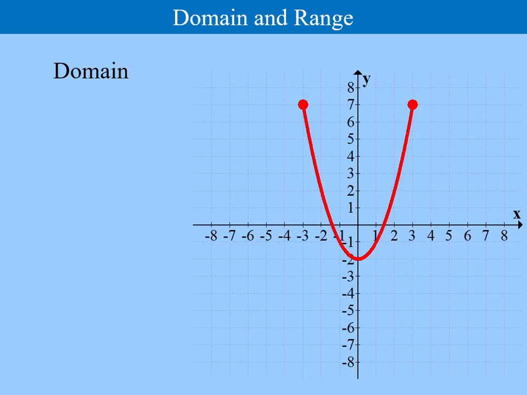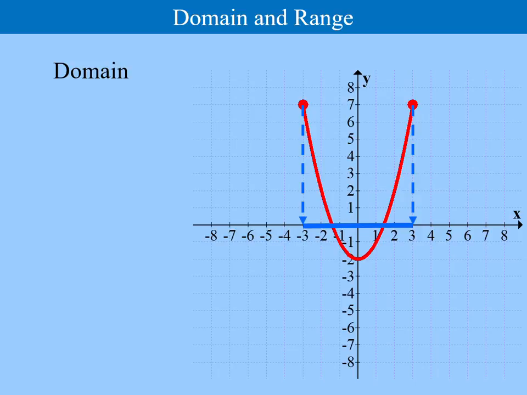Now the question is for us to identify from looking at a graph what is the domain and what is the range. The domain represents the x numbers. The range represents the y numbers. So we look at the graph and determine where are the x numbers where we see a graph. Well, you can see here it's between -3 and 3.